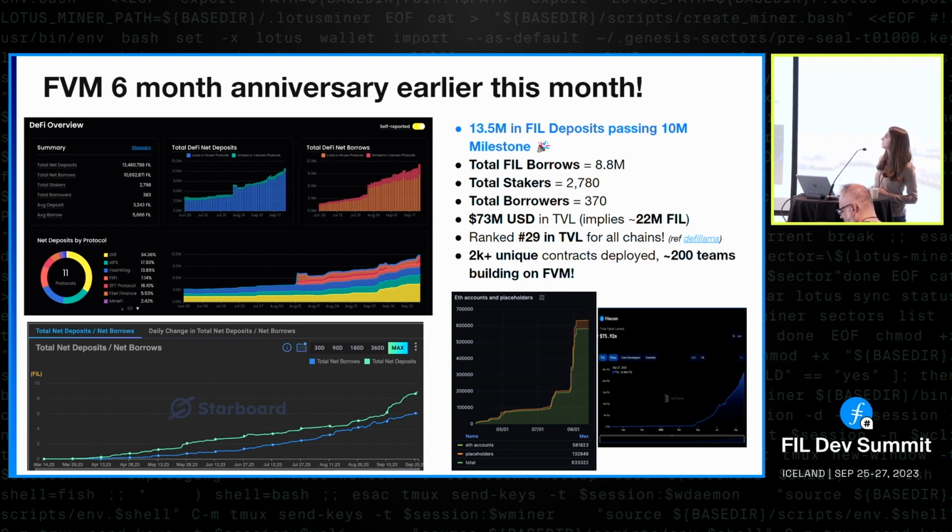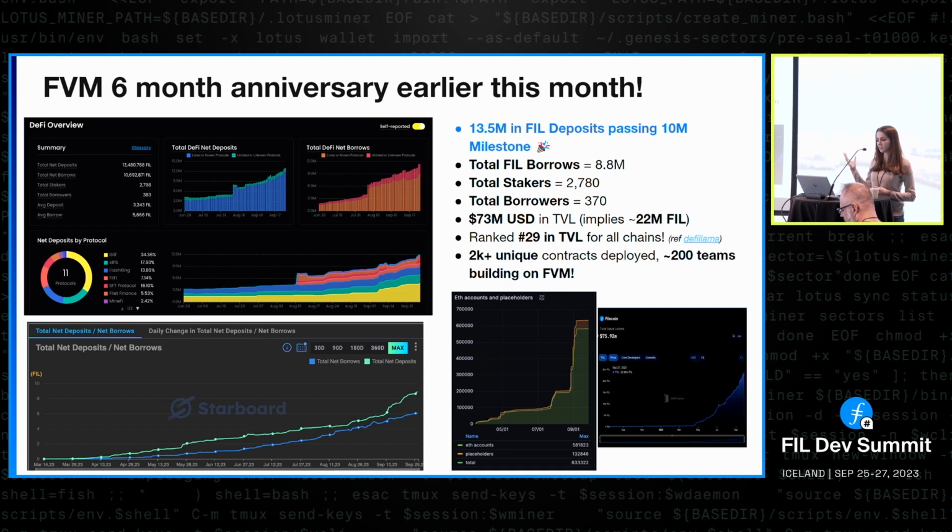You will always see a bit of a lag between 13.5 and 8.8, because our staking protocols are also holding some collateral, and there will always be some delay. But this is a sign that lately the growth has been accelerating, as we have more partners, and thanks to our many partners building on us and working with us, enabling the future.